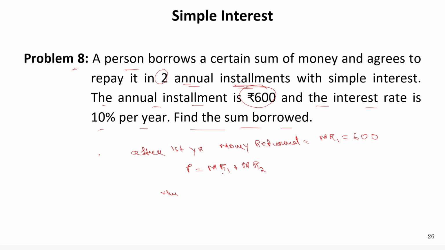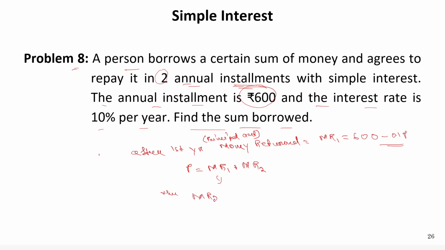Let MR1 be the principal amount that was returned, which is equal to 600 minus 0.1P, because the annual interest rate is 10%, right? So how much will be MR2?